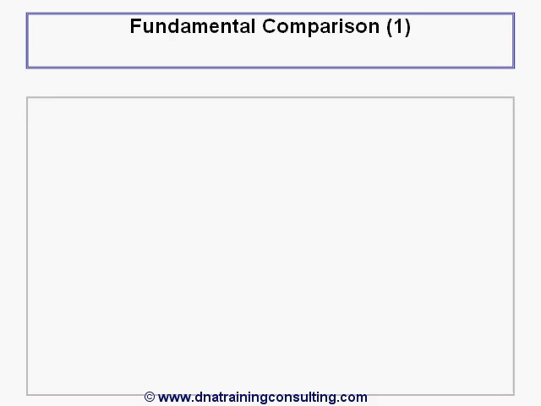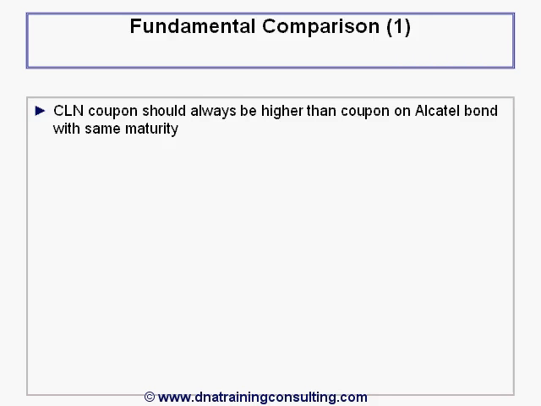From the fundamental risk perspective, the coupon on the CLN should always be higher than that on a theoretical bond issued by Alcatel with the same maturity. There are two principal reasons for this.